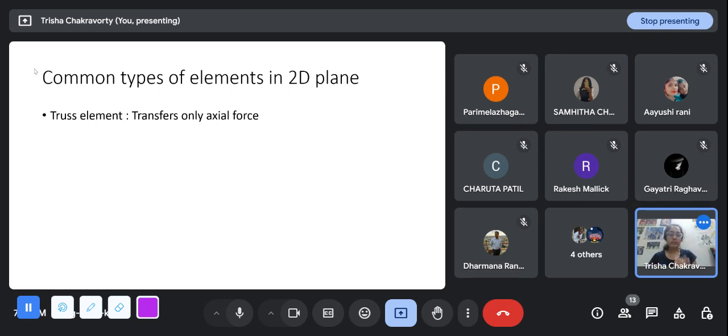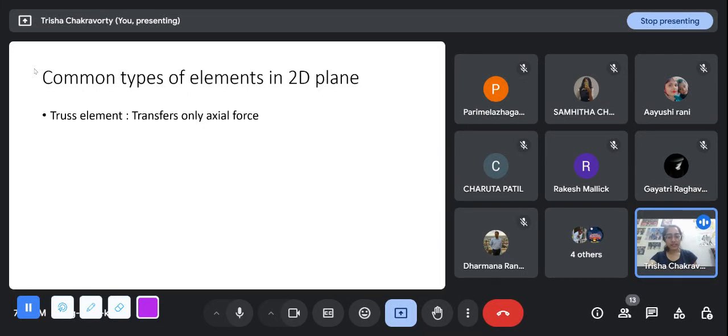But researchers have seen that even if we approximate all the elements as 2D elements, we get a proper result. Maybe there will be some error involved, but if that is acceptable, it makes the process of design and analysis much easier, so we can accept certain approximations.